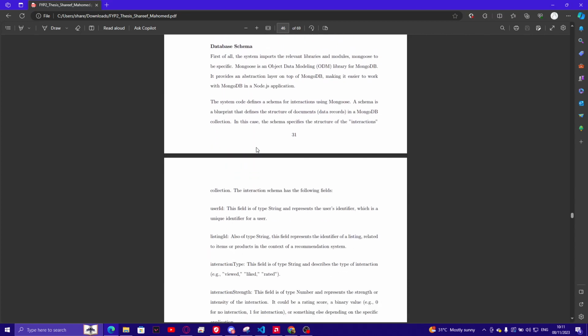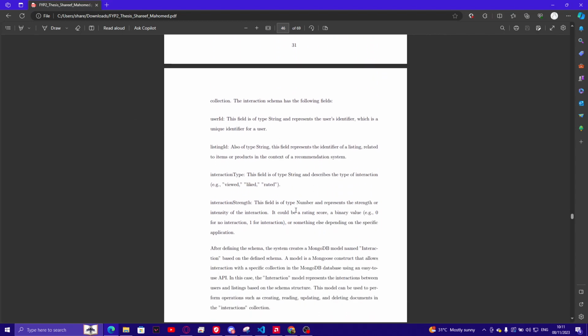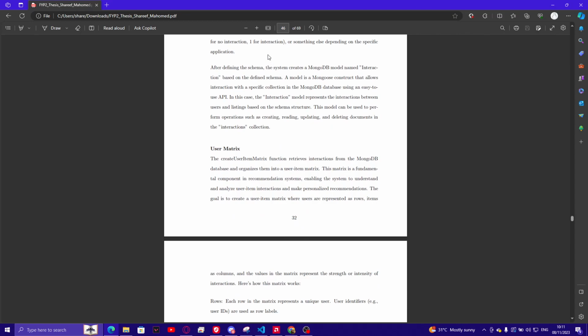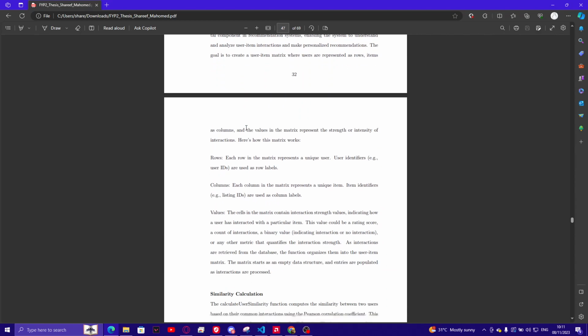For the database schema, I created a simple testing data unit so that I could test my recommendation system using this testing data. After that, I used that data from the MongoDB database to create a user matrix that shows user item interaction between users and items.